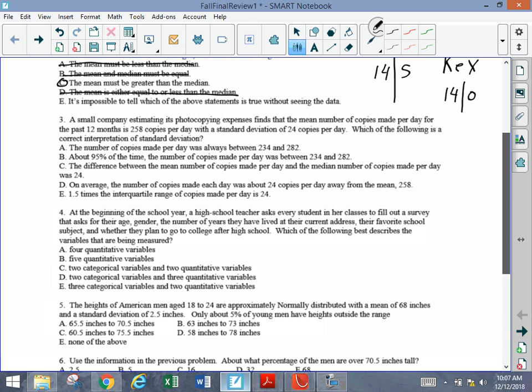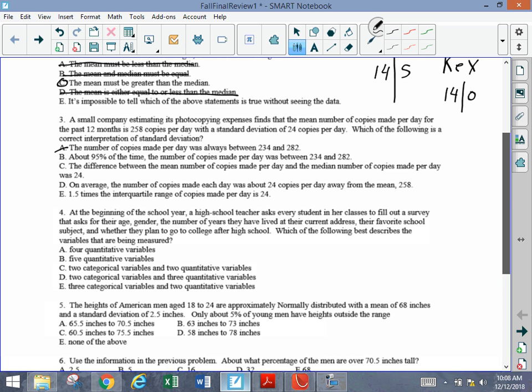A small company is estimating its photocopying expenses. It finds the mean number of copies made per day for the past 12 months is 258 copies, with a standard deviation of 24 copies. Which of the following is the correct interpretation of the standard deviation?